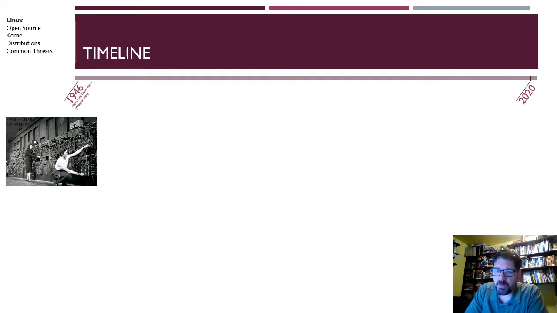those computers were purpose-built, right? Now, what was important about the ENIAC in 1946, what set it apart from all other computers was that it was programmable, right? So prior to 1946, machines were purpose-built to do a specific task.